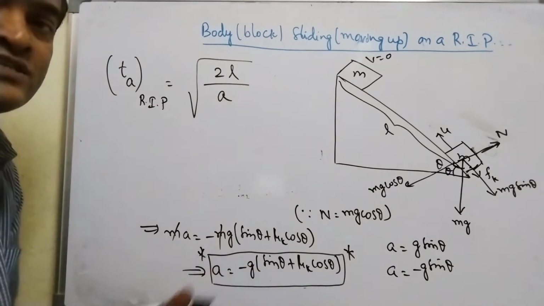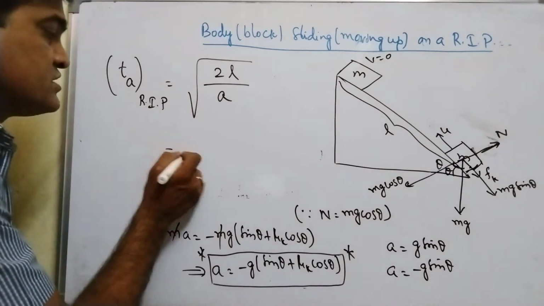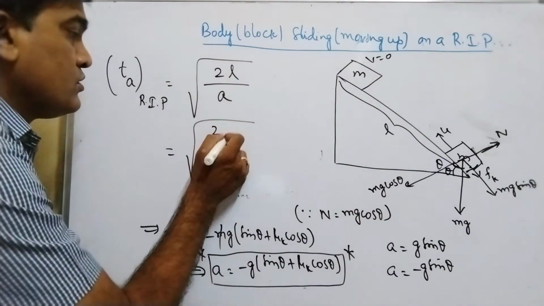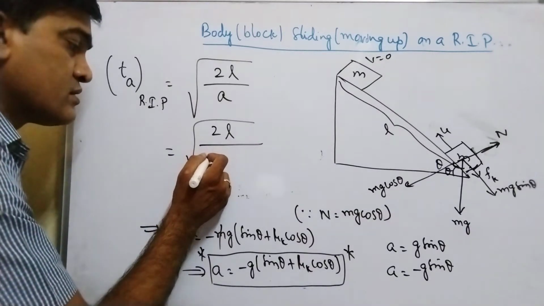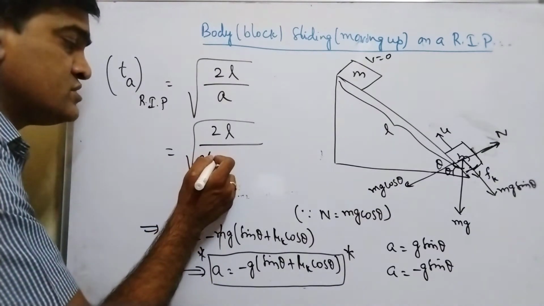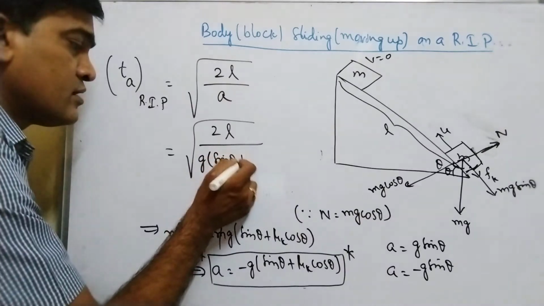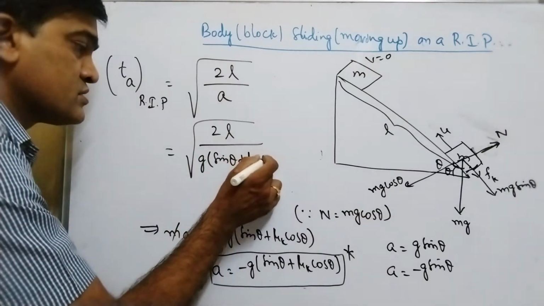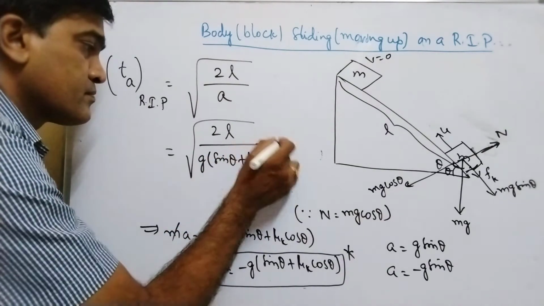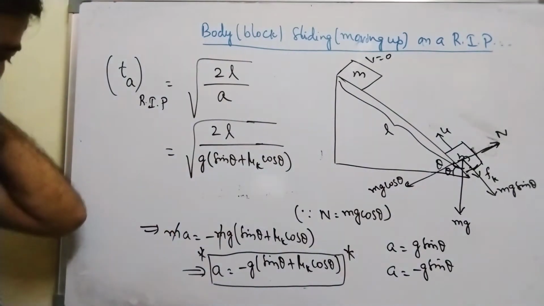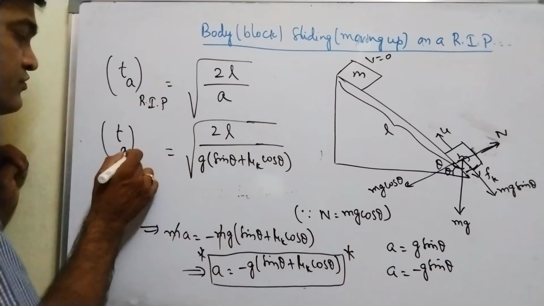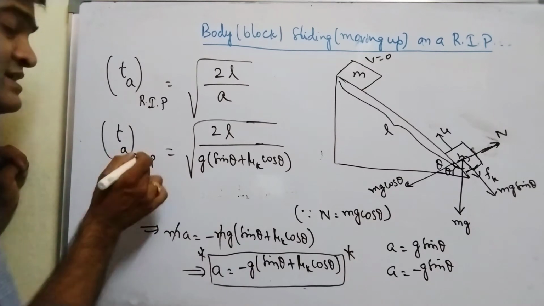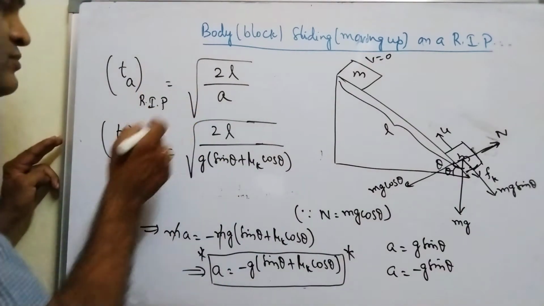So take its magnitude. Write simply root over 2L upon g into sin theta plus mu k cos theta. Right? This is the formula for the time of ascent in case of a rough inclined plane. Ascent means it is going upwards.